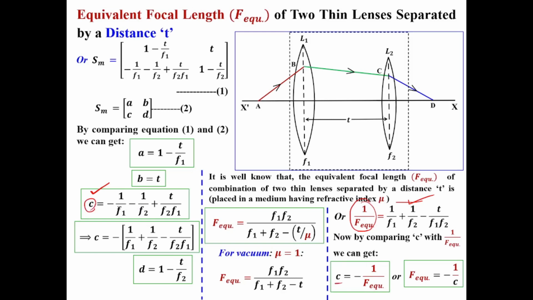Here you can see this is minus 1 by f1 minus 1 by f2 plus t by f1 f2, and this is 1 by f1 plus 1 by f2 minus t by f1 f2. So by comparing, we get C equal to minus 1 by f equivalent, or the equivalent focal length is equal to minus 1 by C. You just remember, this is the most important expression.